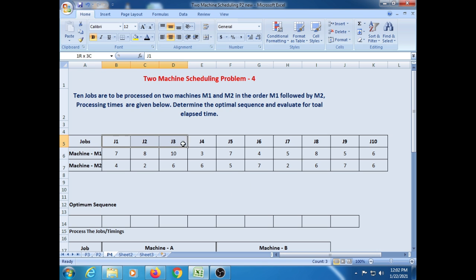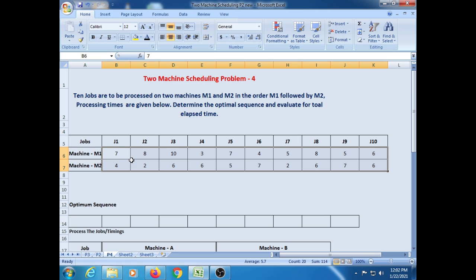So here we have 10 jobs, two machines, and processing times for all the jobs and all the machines. So how do we find the optimum sequence?